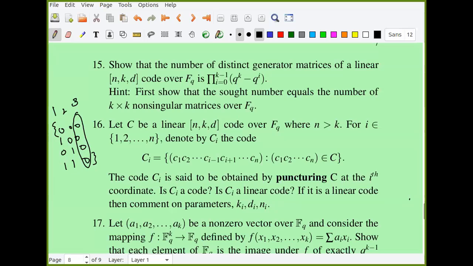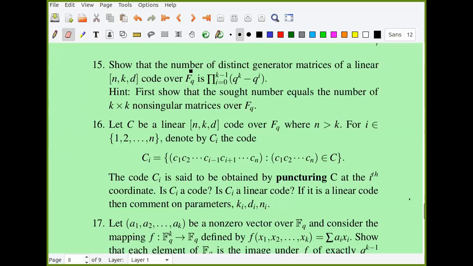If I have a binary code and I take one particular position, in all code words, how many zeros can be there? Is my question clear? Okay, I'll repeat. All of you listen carefully.